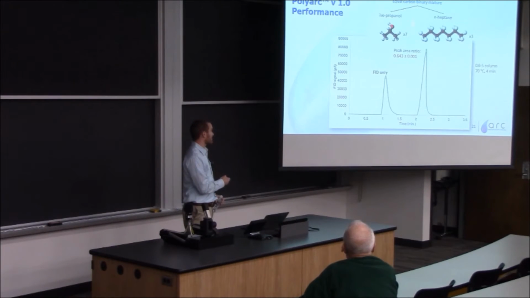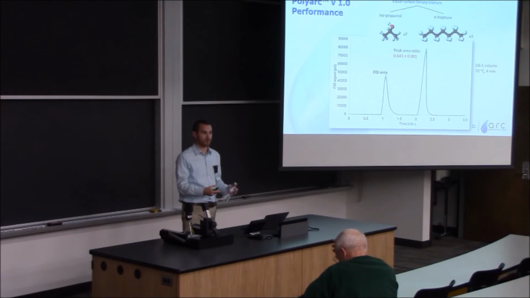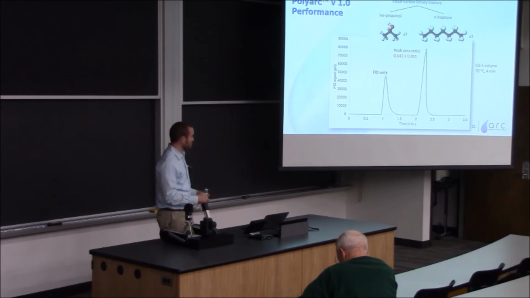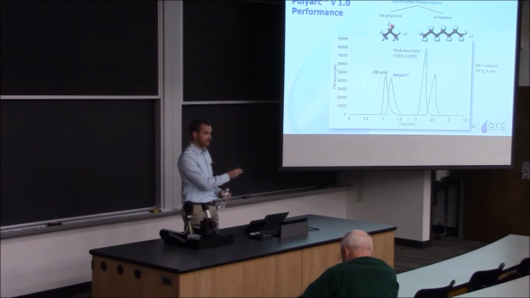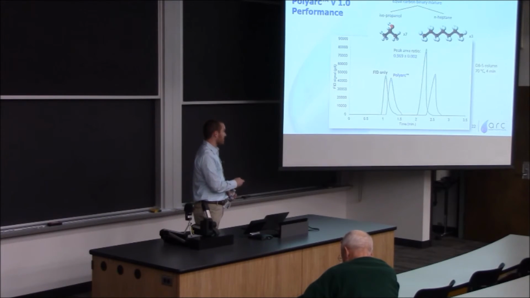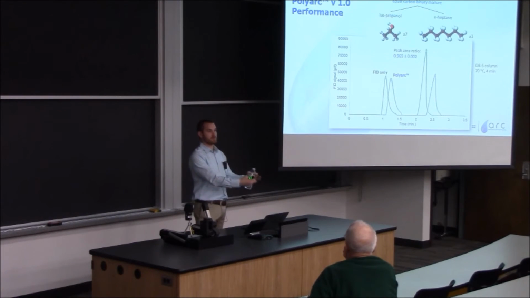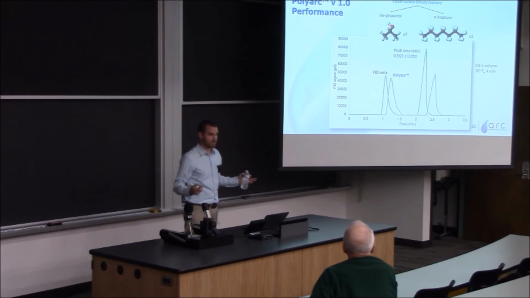And that's because this alcohol group right here decreases the probability that that's going to form a carbocation. If instead we put a Polyarc reactor into that GC, we actually see that the area of the two peaks are the same because all the carbons have been converted to methane, and now the probability to form a carbocation is the same.